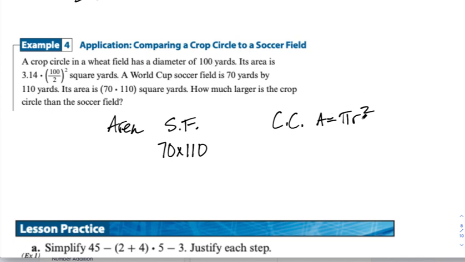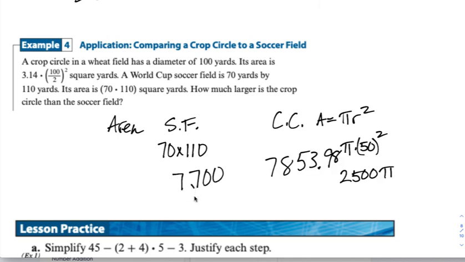And so if the diameter is 100, that means the radius is 50. So our answer is going to be pi times 50 quantity squared. 50 squared is going to be 2,500 pi.